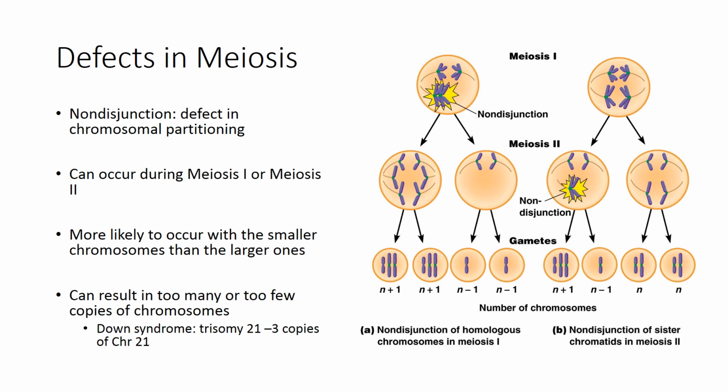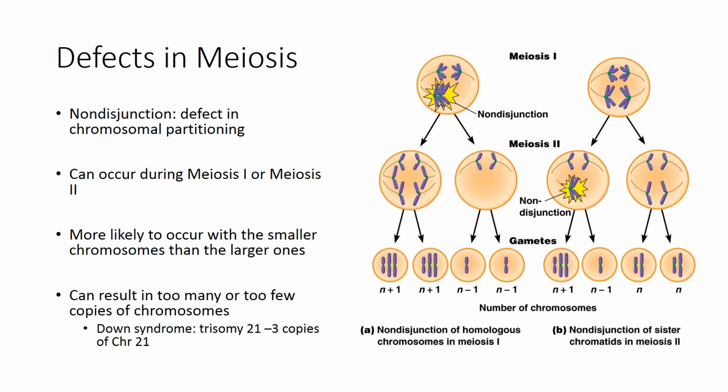So if you follow this cell on down, now you've got this cell that's got extra chromosomes, this cell that's missing one, and at the end of the day, these two gametes have an extra chromosome, these two gametes are missing a chromosome. So that's if this non-disjunction event happens in meiosis 1.